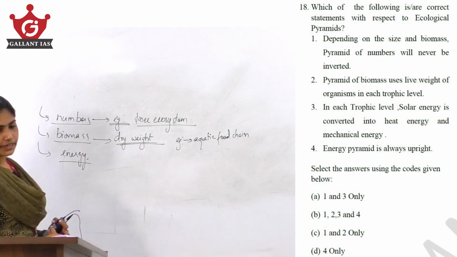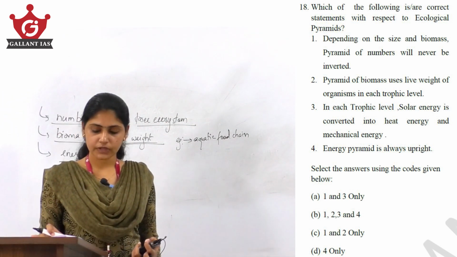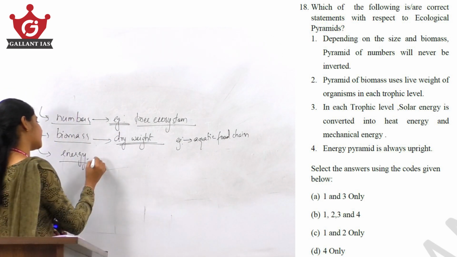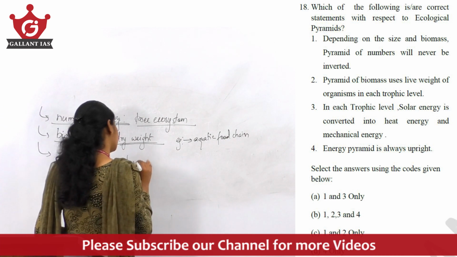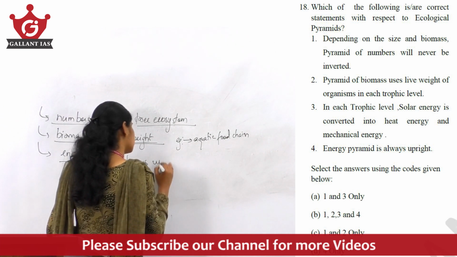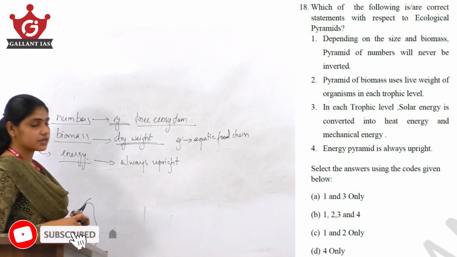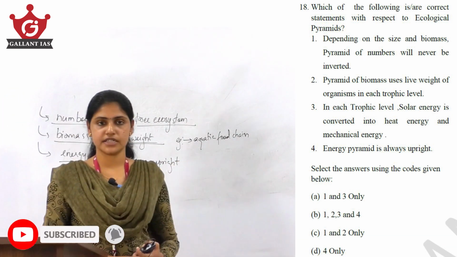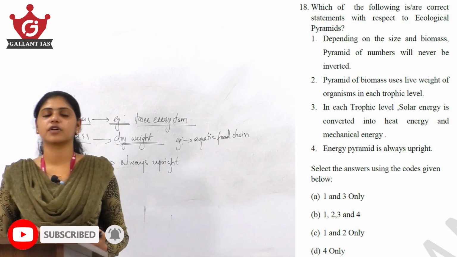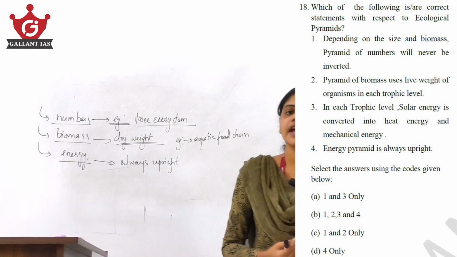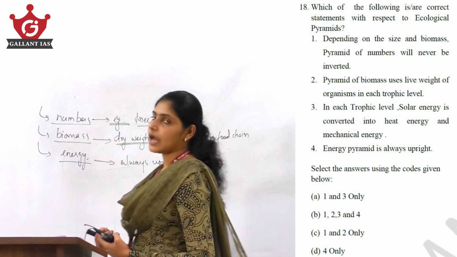Next comes the pyramid of energy. It is the energy pyramid, and it is always upright. Why? Because energy at subsequent trophic levels is decreasing. No matter what type of ecological pyramid, energy at each trophic level is decreasing. So the pyramid of energy is always upright.